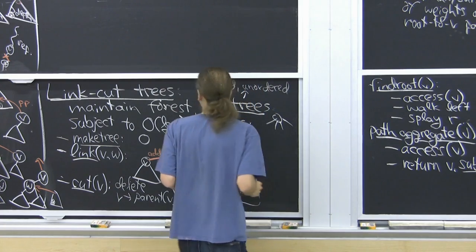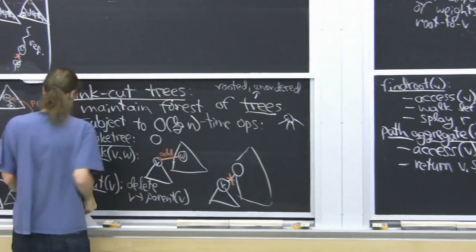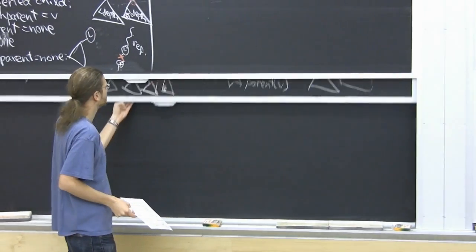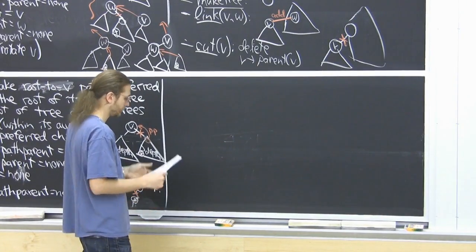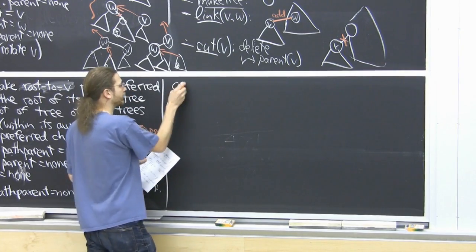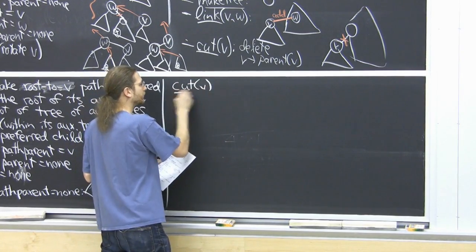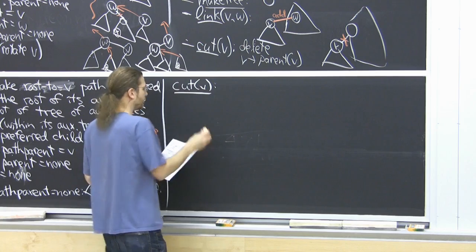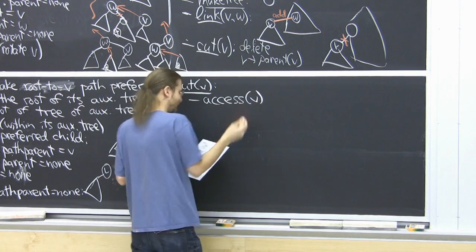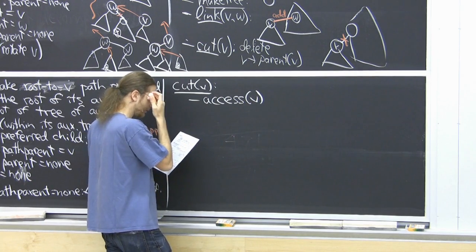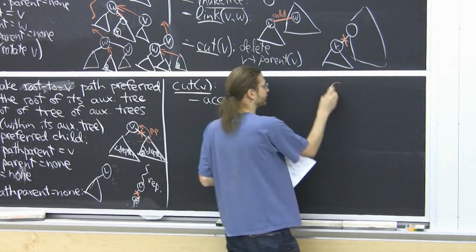OK, I claim also link and cut are really easy. So let me show you that. So let's start with cut. First thing we do, you guessed it, access v. So think about this picture a little bit.